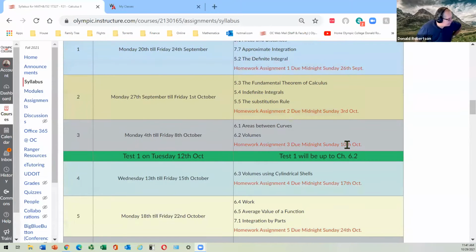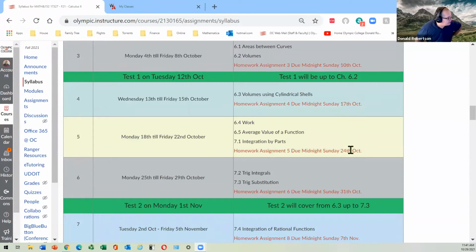Okay, so we are looking at these sections here. There's going to be 5 questions. Your first question is going to be volumes using cylindrical shells. Remember the 2 pi x f of x type of question, right?